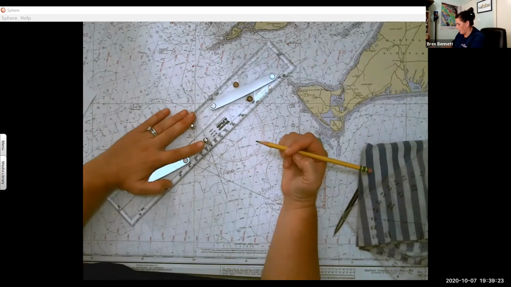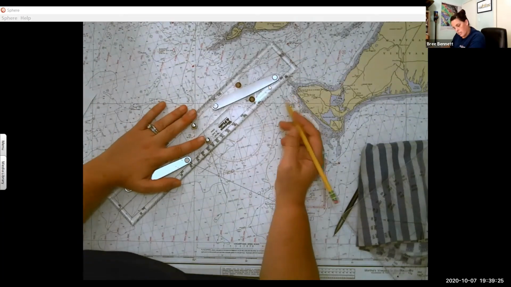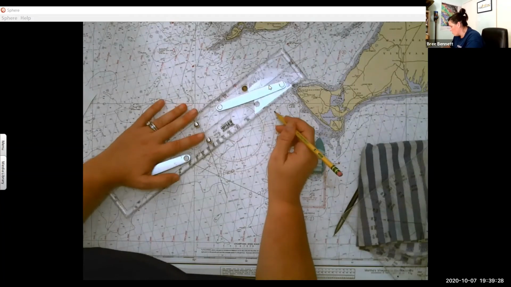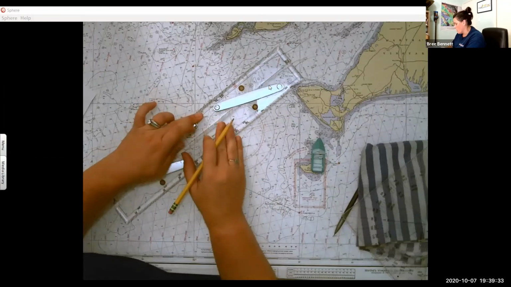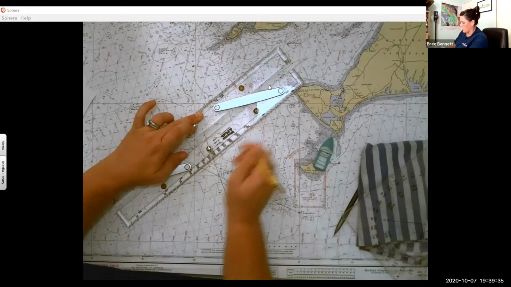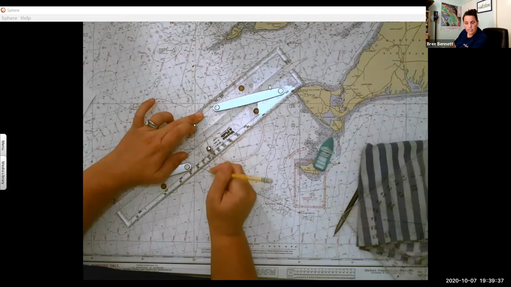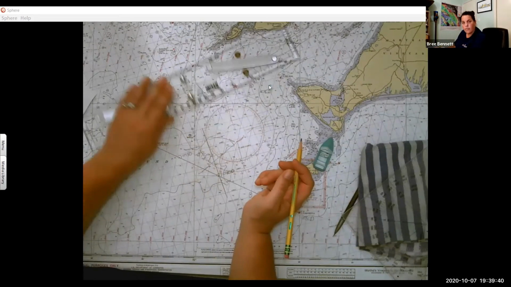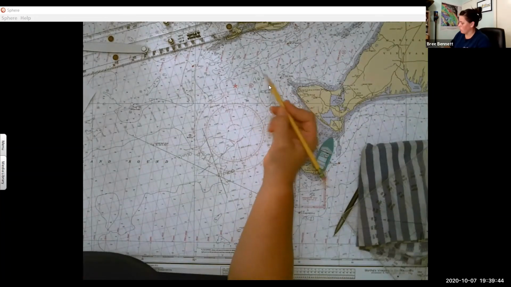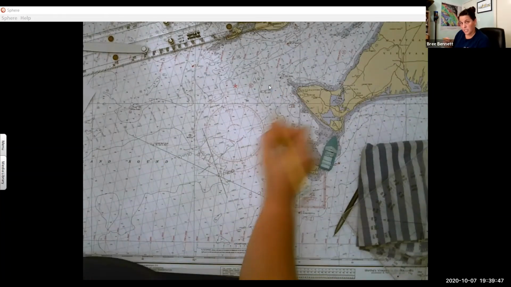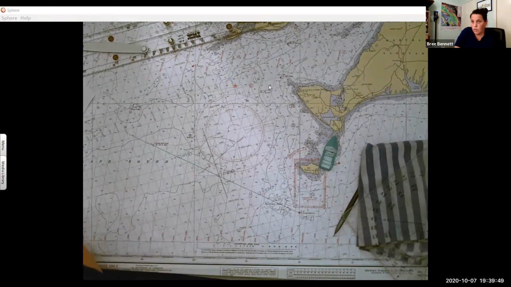Same thing for the other guy. What was this? 050. Bring it on down, dash, dash, dash, solid crossing. So with these two data points here, we have two infinite possibilities of where we are.